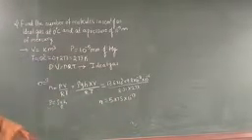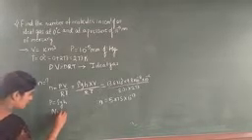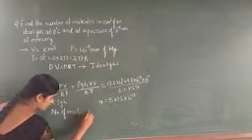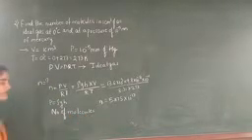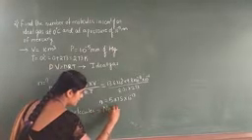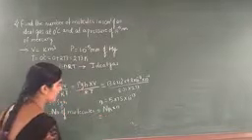In this condition, we have to find the number of molecules. Number of molecules is N_A into n, or this can be written as Avogadro number.